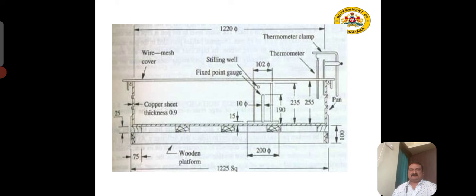Rainfall data, atmospheric pressure data, and temperature data should also be recorded during the pan measurement method.